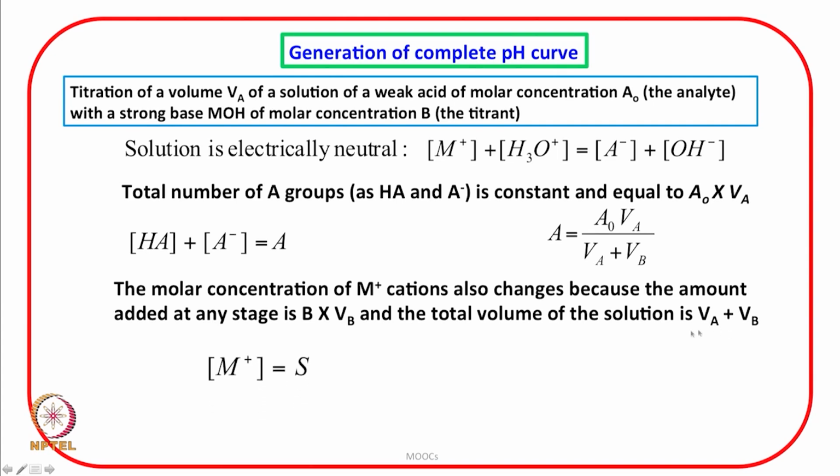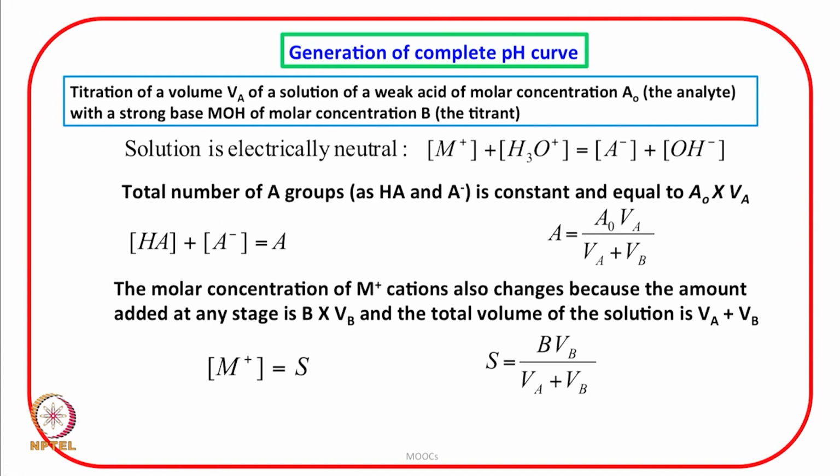And if I write M plus concentration, that is whatever is the amount of base that we are adding, base is MOH, so M plus is coming from the base and M plus is interacting with A minus to form the salt. So, therefore, this is equal to S, S is the salt concentration, and by the same arguments as we discussed for A, S will be equal to B times VB over VA plus VB.